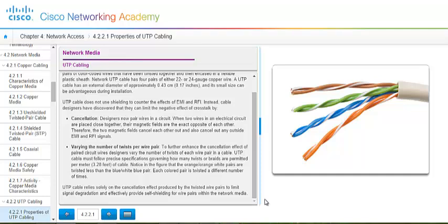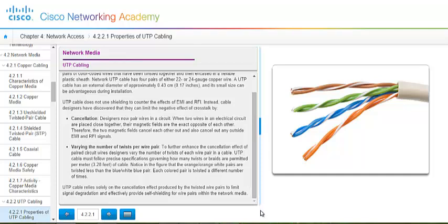You'll notice in the figure to your right that the orange-white pairs are twisted less than the blue-white pairs, and each color is twisted a different number of times. And you can see that if you look closely at these. You'll notice that the brown-white-brown is even looser, or has less twist, than the orange-white.